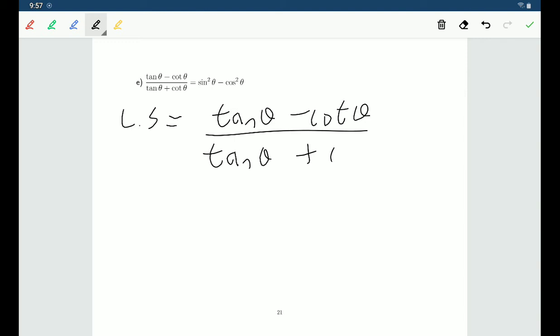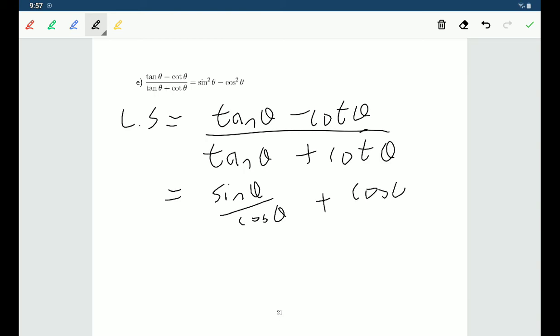I'm looking at the right side, and I want it to look like the right side, which is some sines and cosines. And so my plan here is I'll take those tangents and cotangents and rewrite them as sines and cosines. Tangent is sine over cosine. Cotangent is cosine over sine.